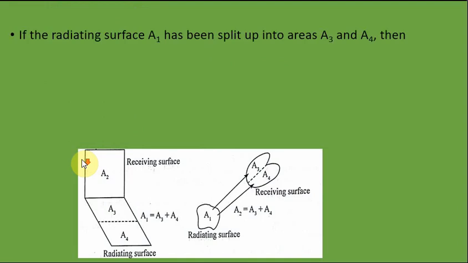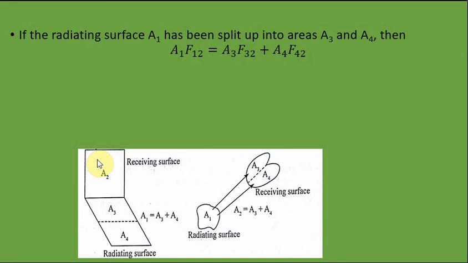Now, if the radiating surface A1 is split up into areas A3 and A4, you consider this figure. So, this is the radiating surface. Its total area is A1, which is split into A3 and A4. Then 2 is this receiving surface.